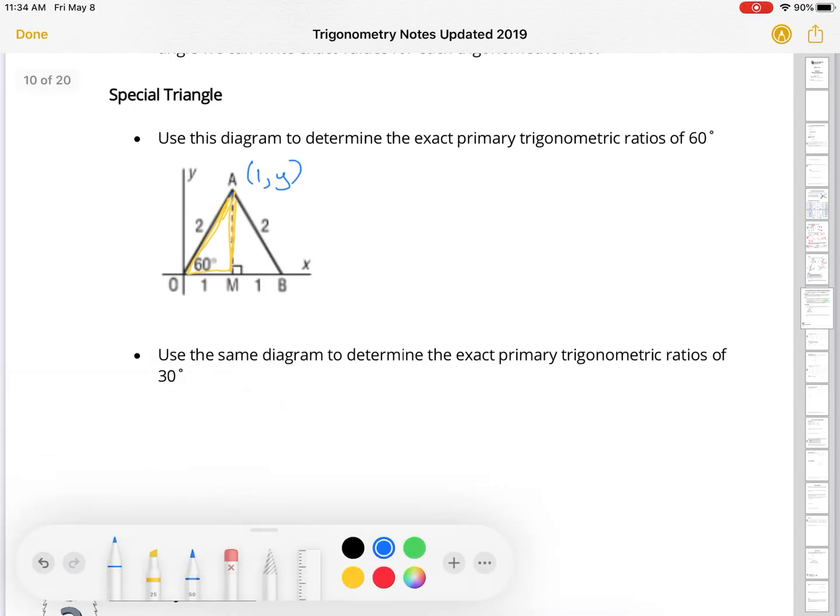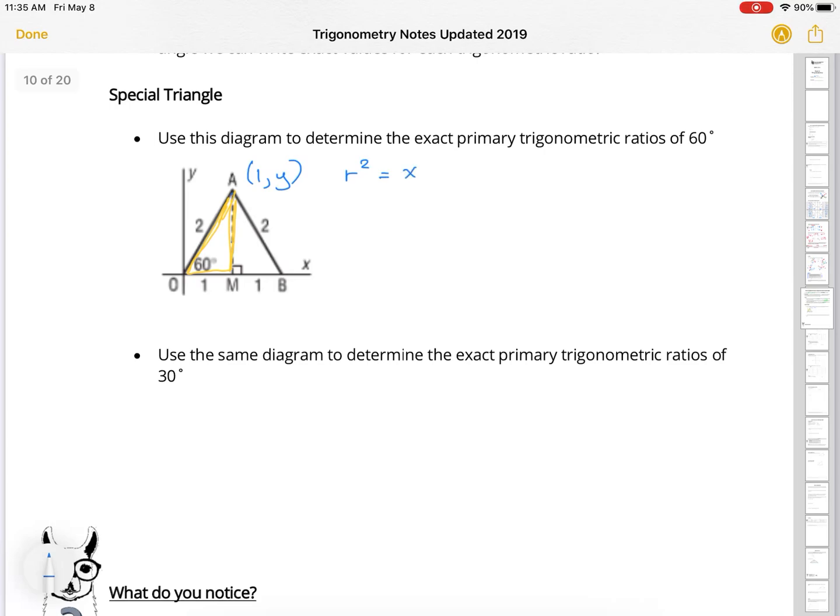If I look at that right angle triangle here, we know our hypotenuse, we know one of our sides, and we want to find out what y is. So r squared is equal to x squared plus y squared.